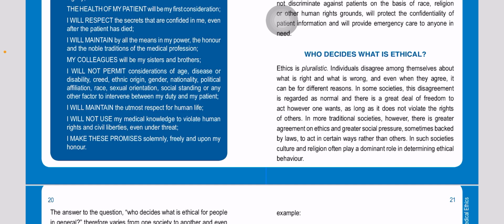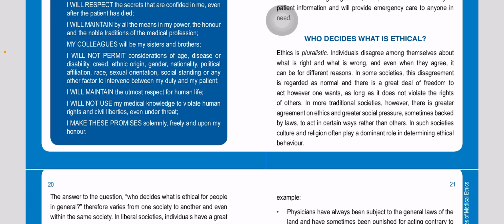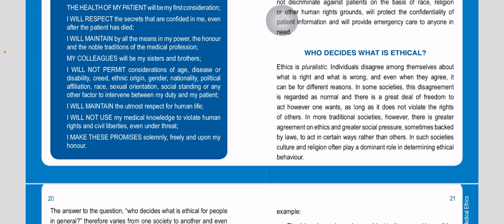Okay? So, in some societies, this disagreement is regarded as normal, and there is a great deal of freedom to act however one wants, as long as it does not violate the rights of others. So what is essential, class, is that when you exercise your right, it does not violate also the right of other people.